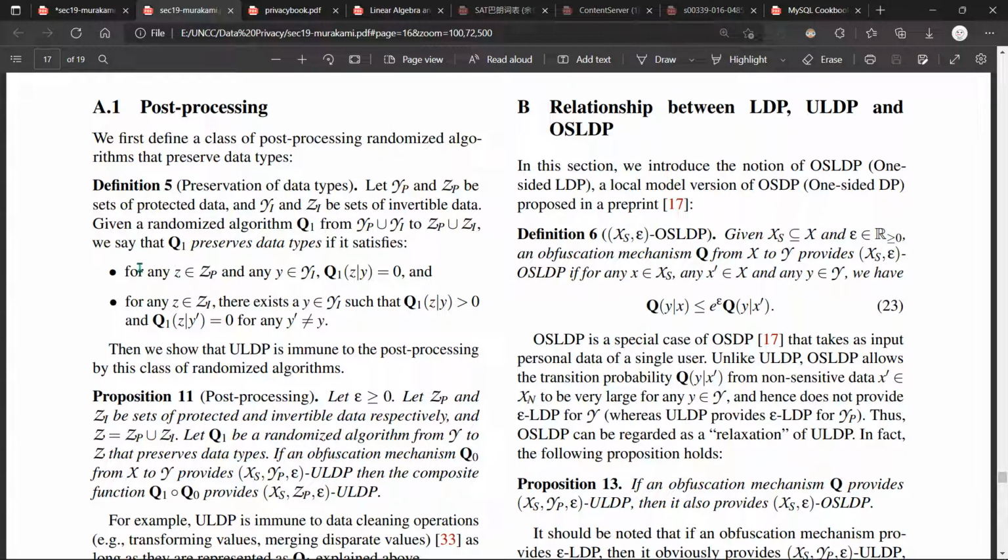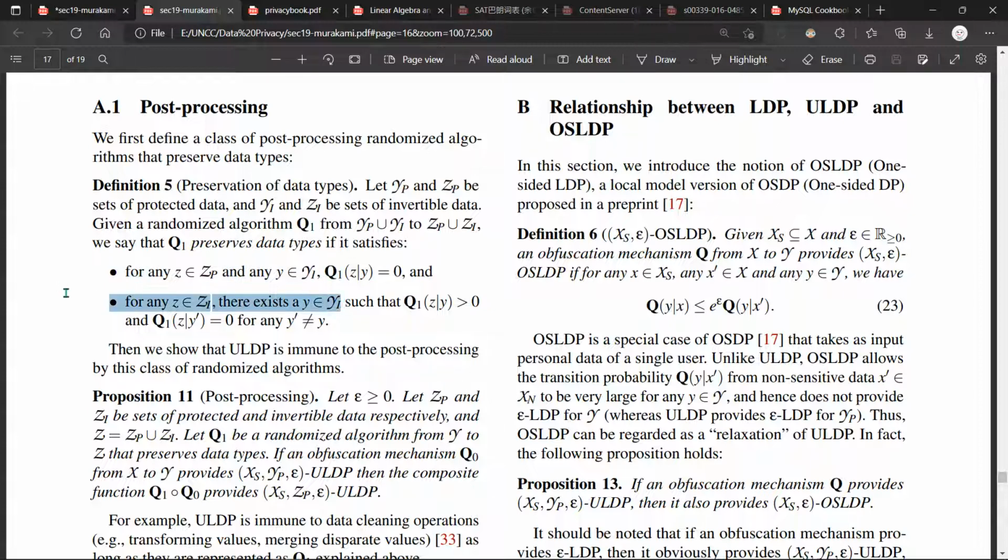So the first one says we should have DP guarantee for any z in the protected data set. But for any that is not protected, like invertible data, you should be able to find them by using a specific y that points to a specific z in the invertible data set.